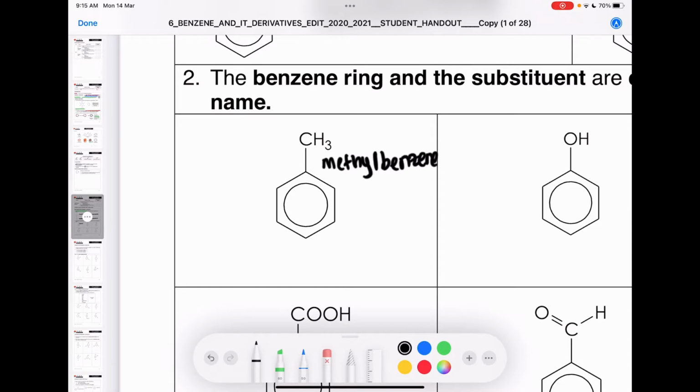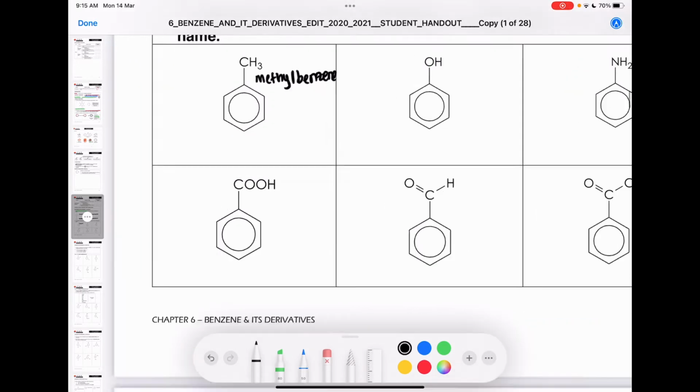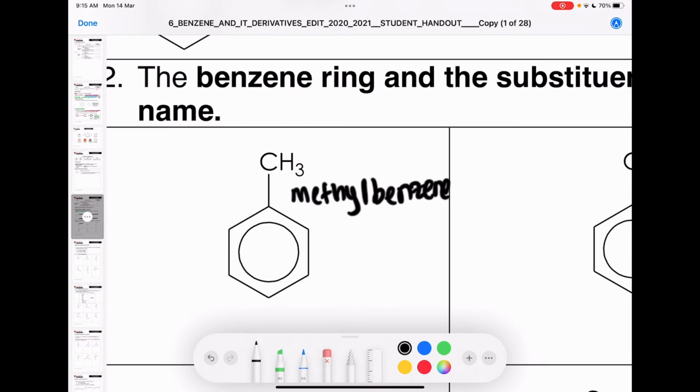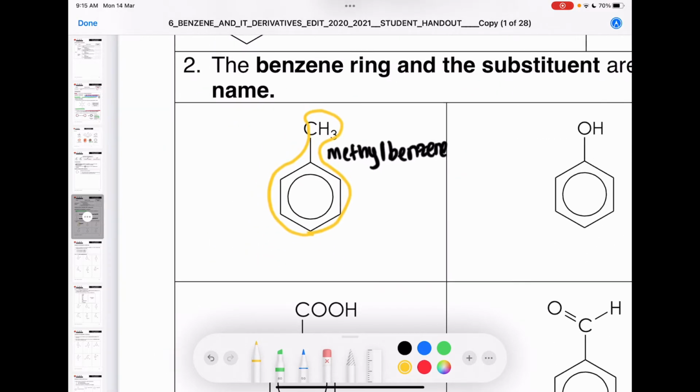However, there are some exceptions, like all these six here that you can see, where the whole structure will be regarded as the parent chain, including the substituent. So instead of methyl benzene, which is actually the IUPAC name, the scientists created what we call the common name.